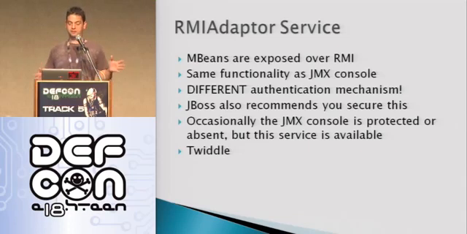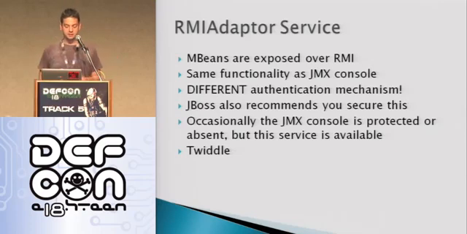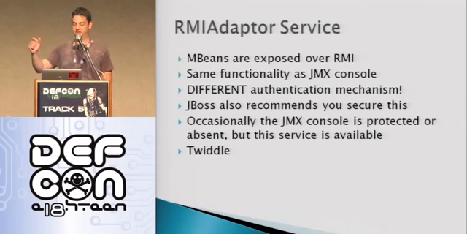But it'll give you the same functionality as the JMX console, because again, if you remember the diagram at the beginning, the MBeans at the bottom are all there and you're just interfacing with them in different ways. So again, different authentication mechanism, different configuration. At the point at which you go and secure every way to get into JMX, you've probably spent at least a whole day. I want the toggle switch that turns security on, but it's not there.